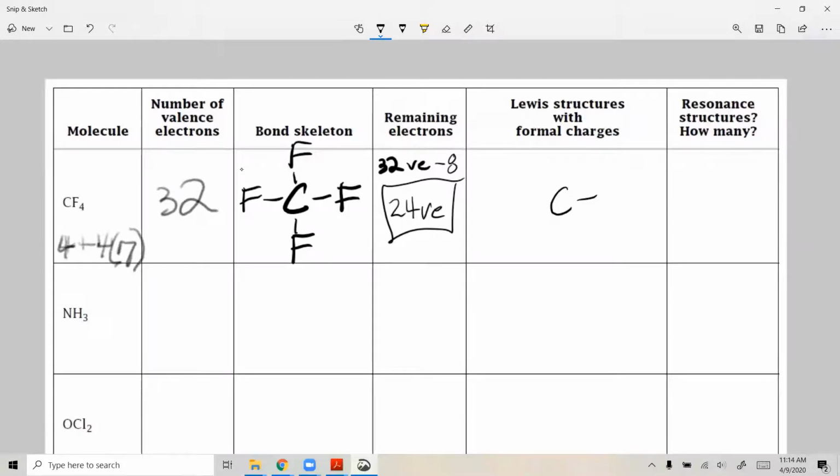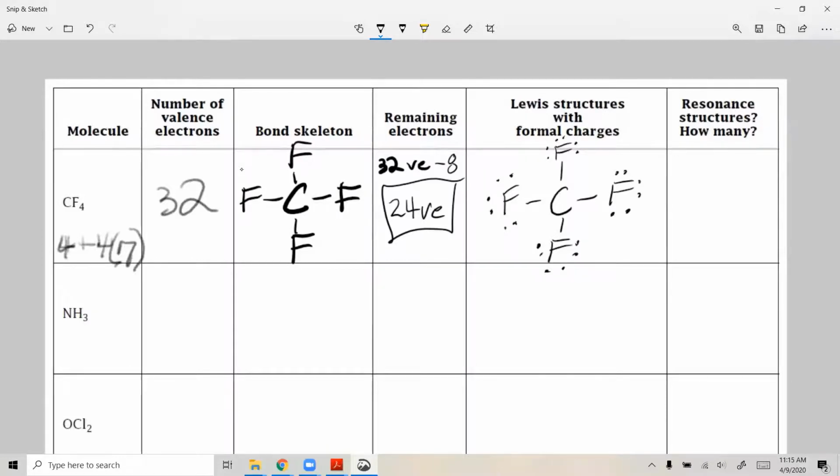We have a carbon, fluorine, fluorine, fluorine, fluorine, each with lone pairs.